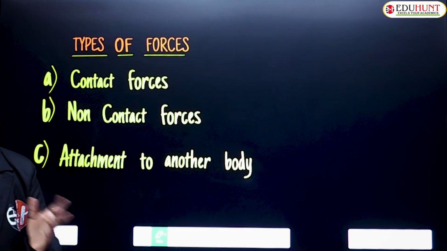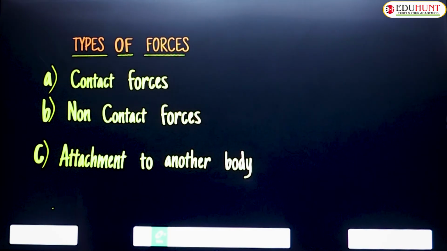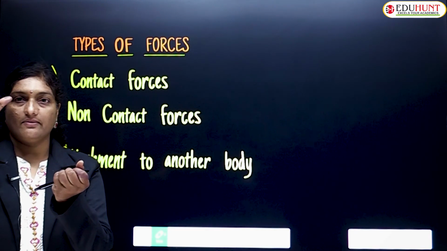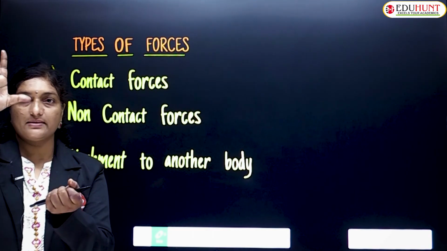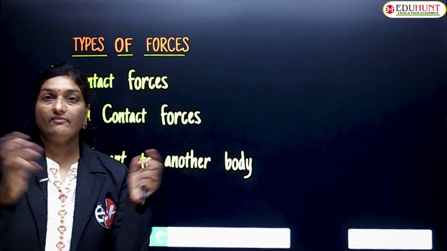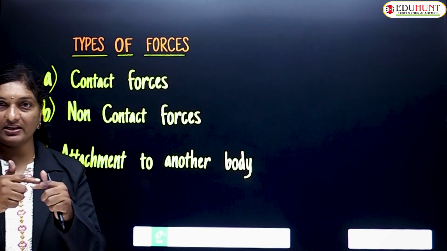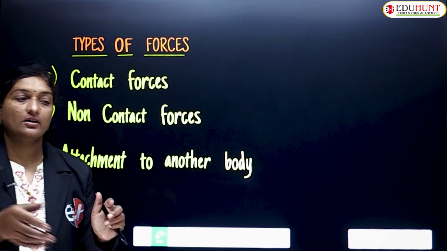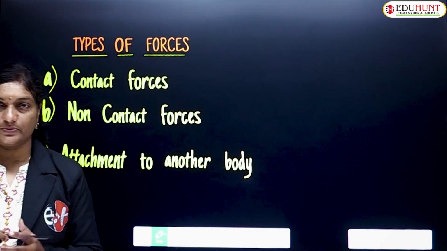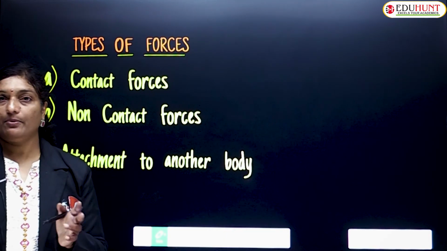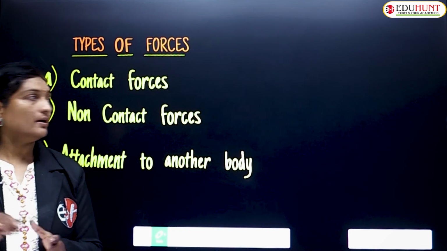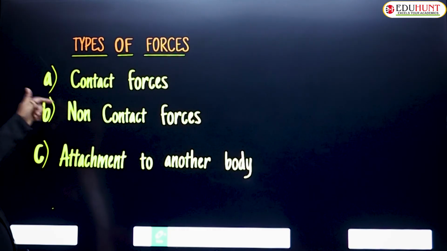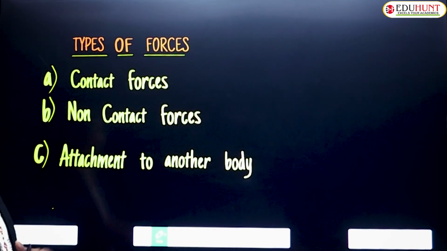For example, gravitational force. Suppose a pen is simply released without any application of force, it is left over, then there will be acceleration due to gravity acting on the body, and there is no direct contact of this acceleration due to gravity on the object. So this type of force is a non-contact force. So two types of forces come into play. One is the contact force, the other is the non-contact force.